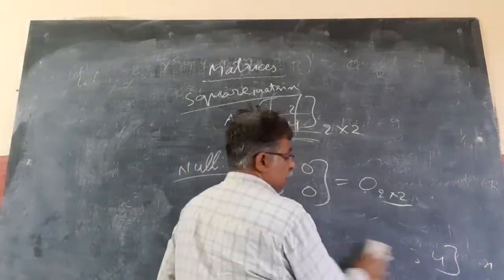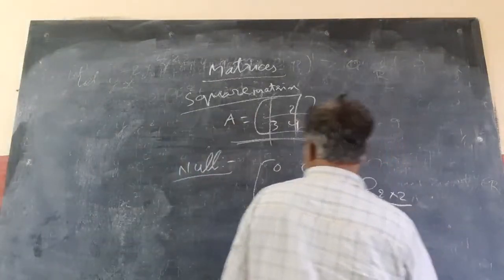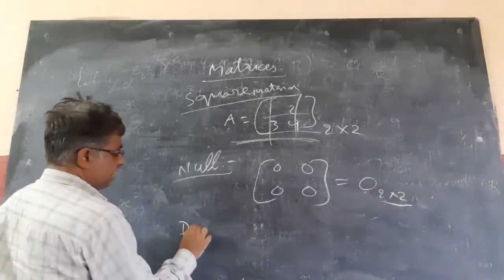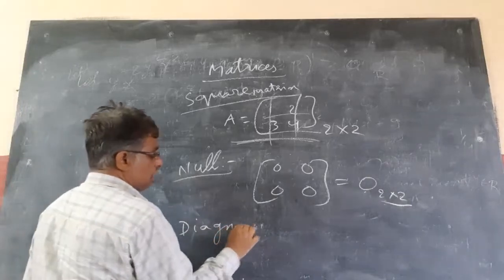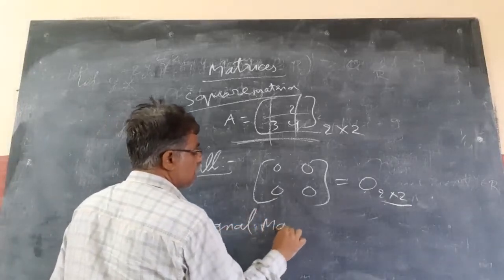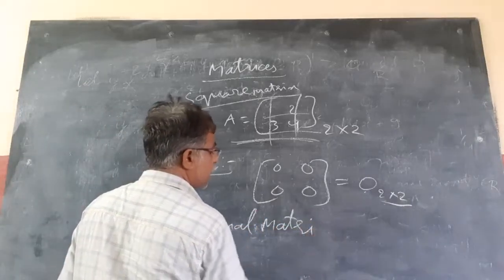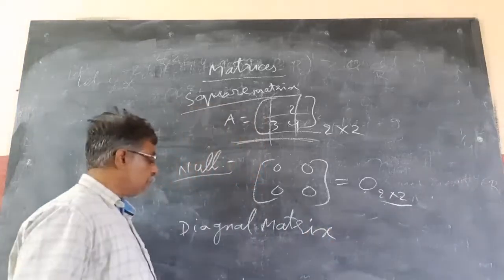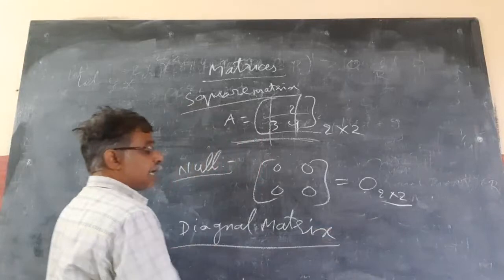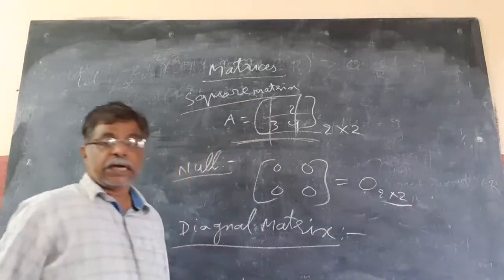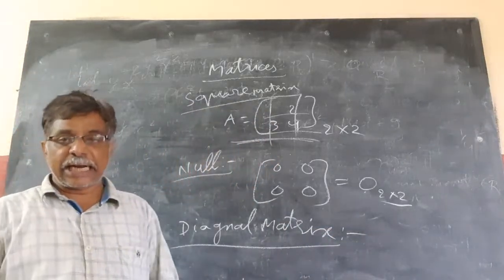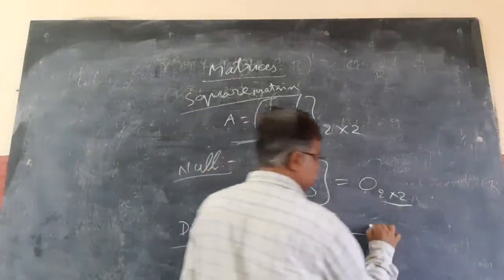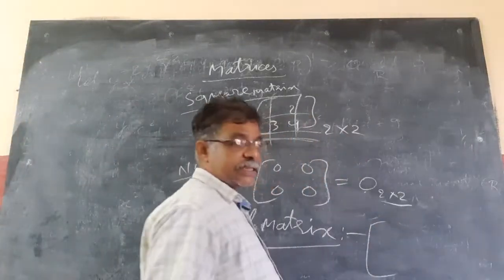Next, diagonal matrix. What is a diagonal matrix? All these types of matrices we already discussed in the first year; I am just recollecting them all. Diagonal matrix means excluding the principal diagonal, all the remaining elements are zeros.